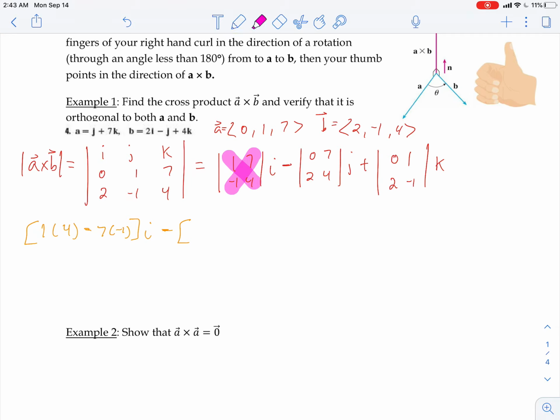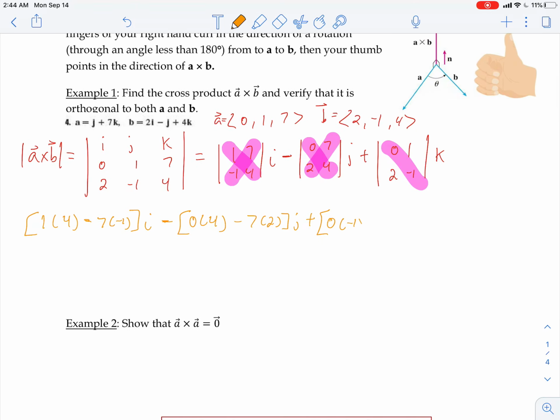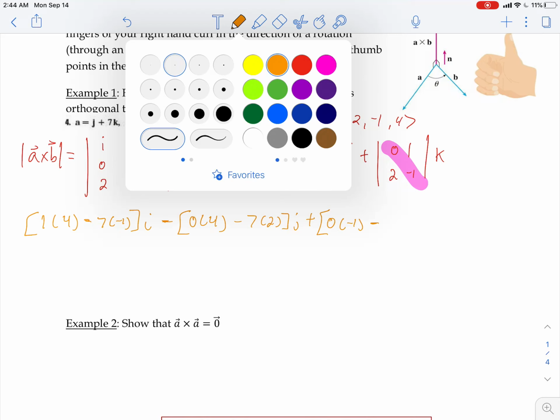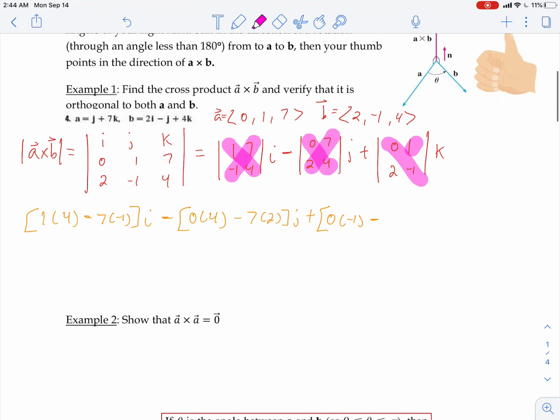Minus, again, 0 times 4 minus 7 times 2, j, plus, again cross product, 0 times negative 1 minus 1 times 2.